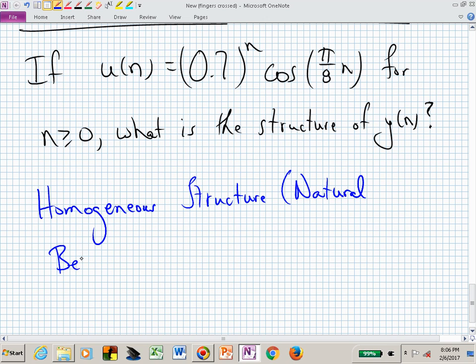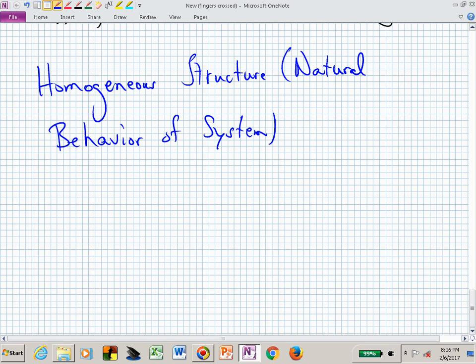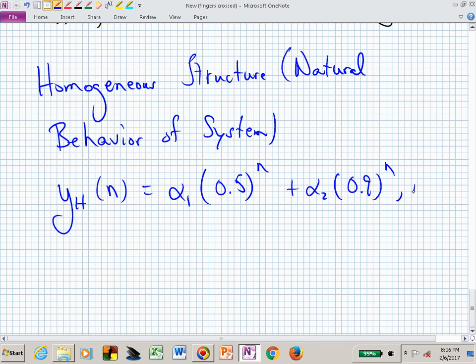That's the natural behavior. And you just told me that that comes from the poles of the system, the transfer function, which are at 1/2 and 0.9. If somebody said, what's the natural response of the system, you could say that once you have the poles. That tells you how your system naturally wants to move. And it's stable, isn't it? An initial condition will decay.